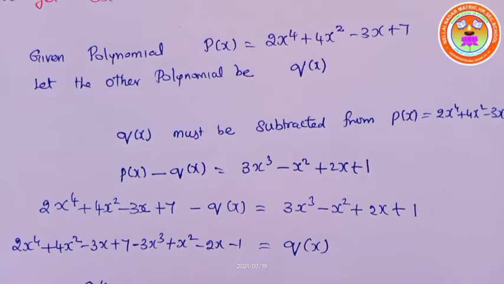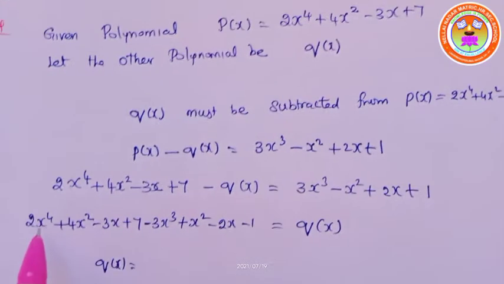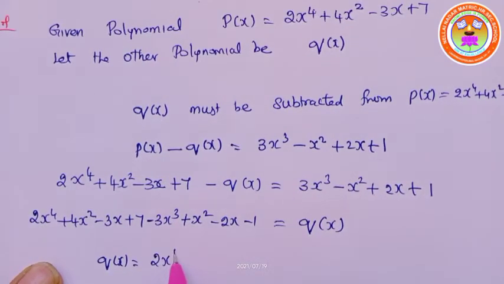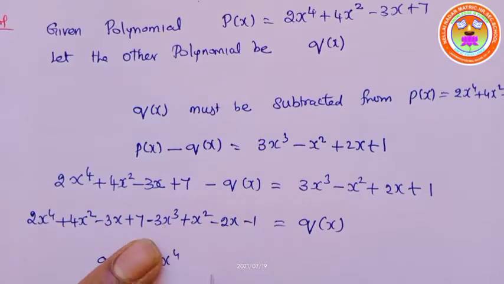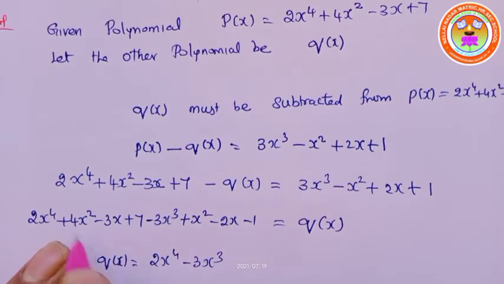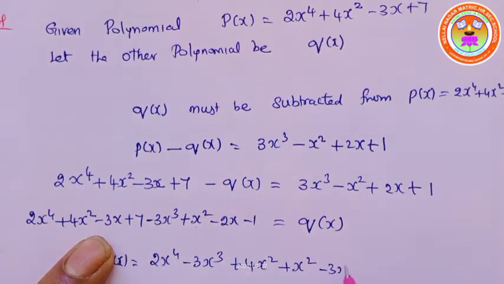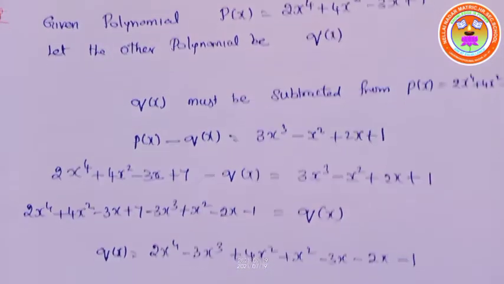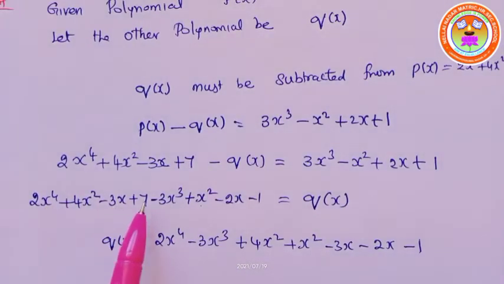Now q of x equal to, now arrange the highest power, children: 2x power 4, right? Then minus 3x cube is there, plus 4x squared is there, plus x squared is there, minus 3x is there, minus 2x is there, minus 1. Now check the terms, children. 1, 2, 3, 4, 5, 6, 7, 8. 1, 2, 3, 4, 5, 6, 7 only is there.